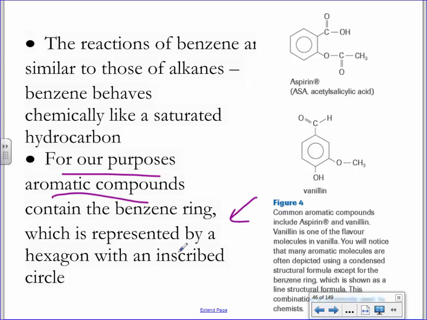For our purposes, though, we're going to do a hexagon with a circle. Okay, that's what you should see. But if you ever do see the whole double bond molecule, the one where you go double bond, single bond, double bond, single bond, double bond, single bond, that could imply benzene as well.